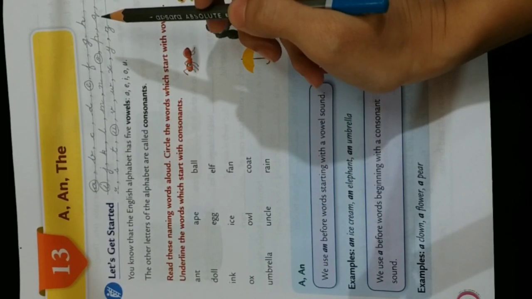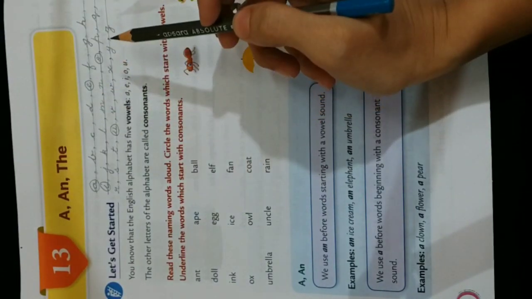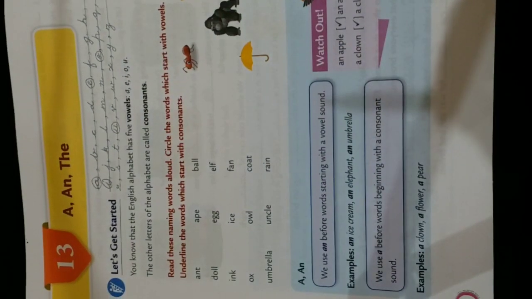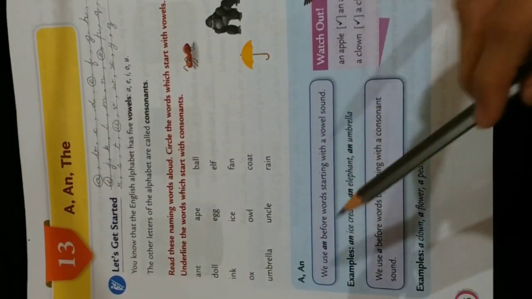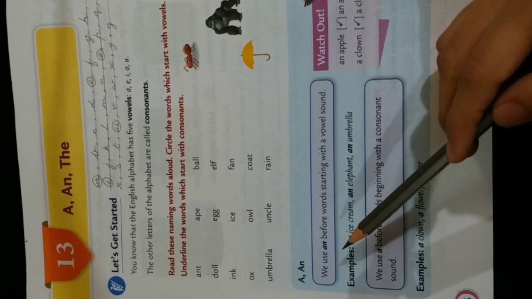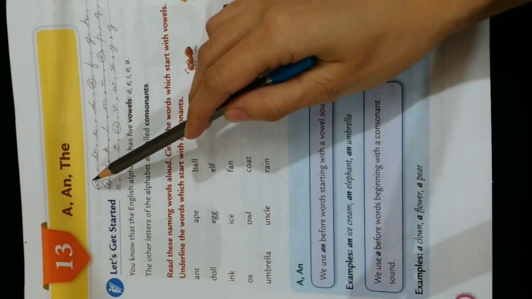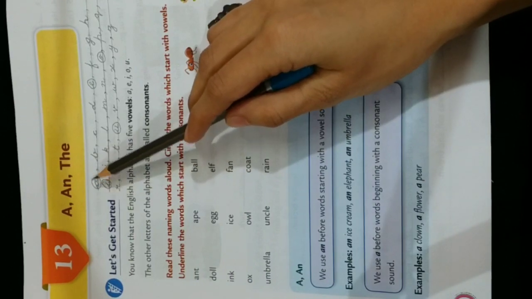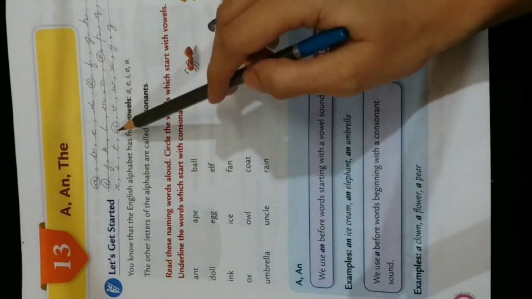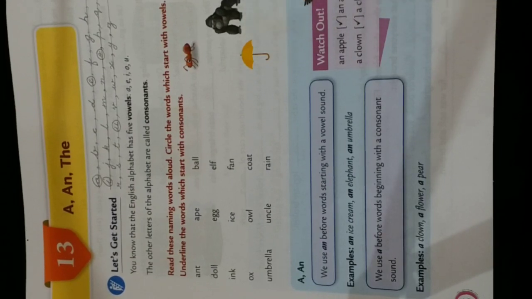Okay. So now children, why am I telling you this? I am telling you this because you have to understand that whenever a word starts with a vowel sound, that is whenever a word starts with A, E, I, O, U, then we always use an before that word.